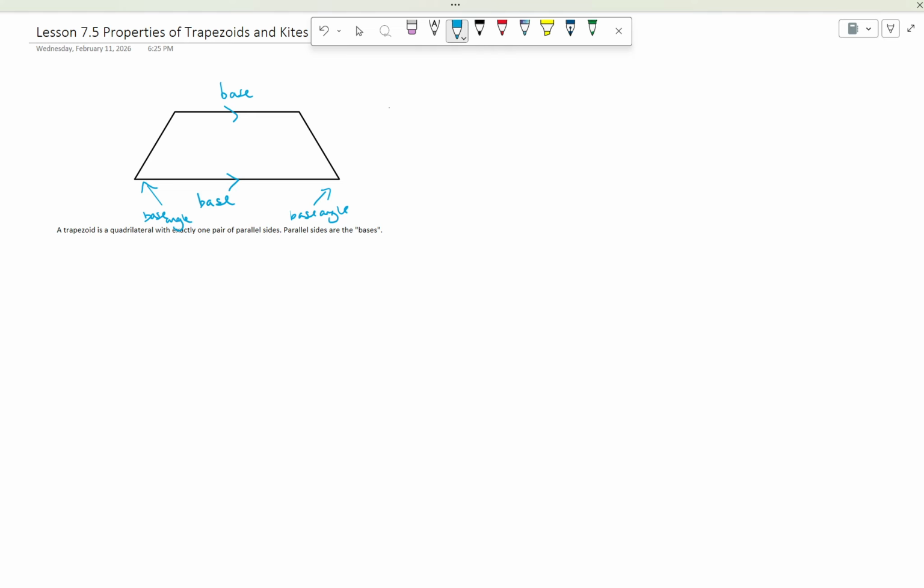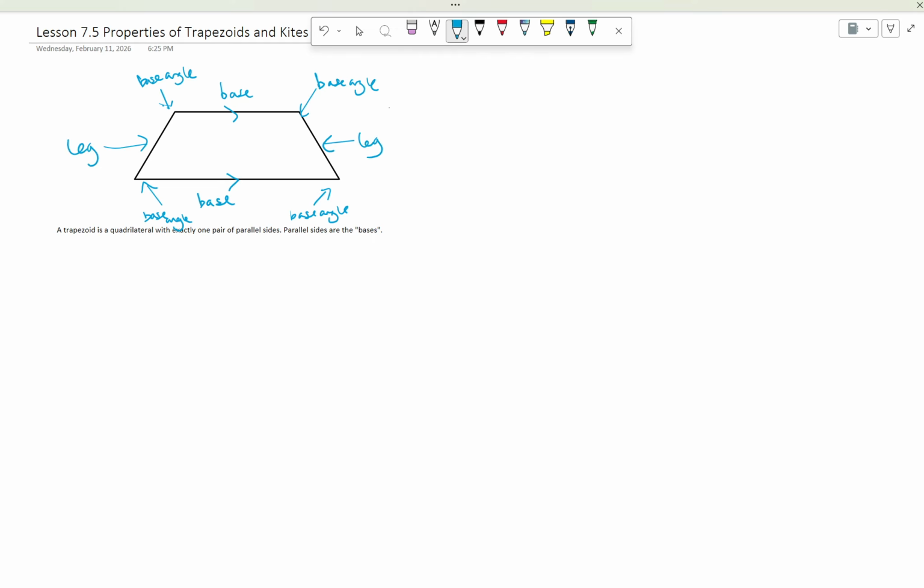And this guy's a base angle as well. And right here, the non-parallel sides, these guys are called the legs.